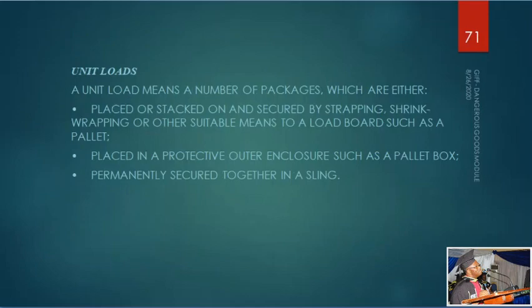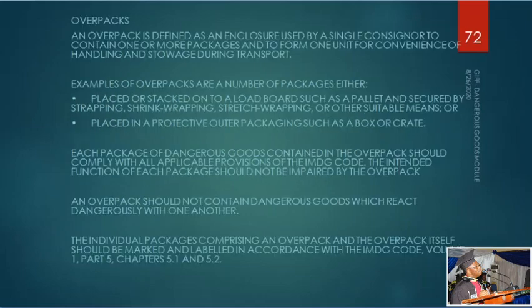Unit loads means a number of packages which are either placed or stacked on and secured by strapping, shrink strapping, or other suitable means to a load board such as pallets, placed in a protective outer enclosure such as a pallet box, or permanently secured together in a sling. So those are unit loads.